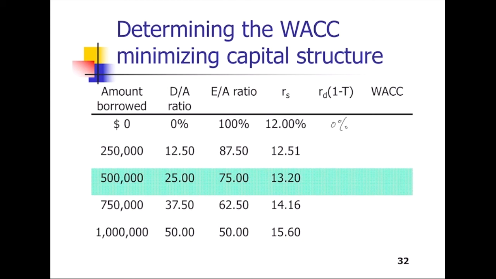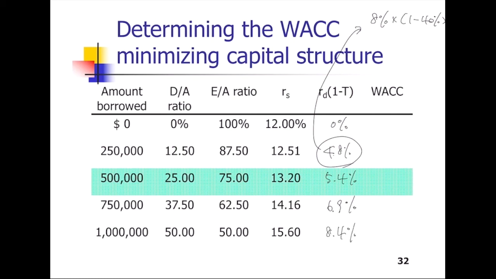The second one is 4.8%, and this number comes from 8% multiplied by 1 minus the tax rate. Repeat this process, and you get these numbers. How can you calculate the WACC? The WACC equation is here.